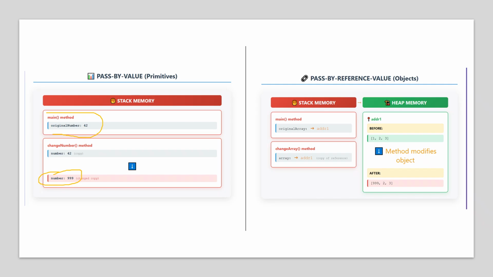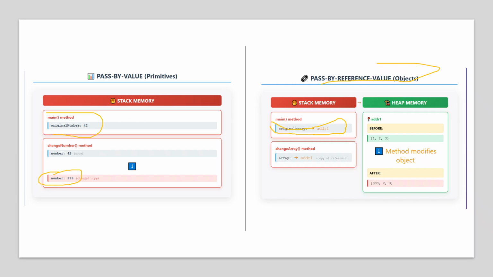Now, when we come to pass by reference, this is how it is done. We declare our array. Our array is stored in address 1. This is the address we have over here. Now, we've already declared some values inside as 1, 2, 3.